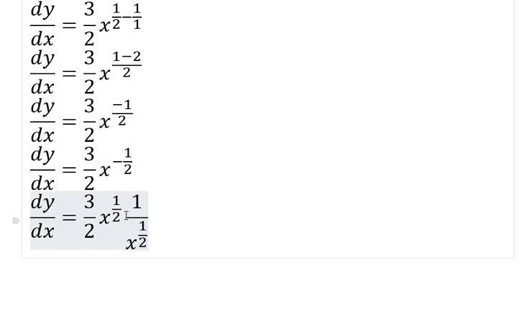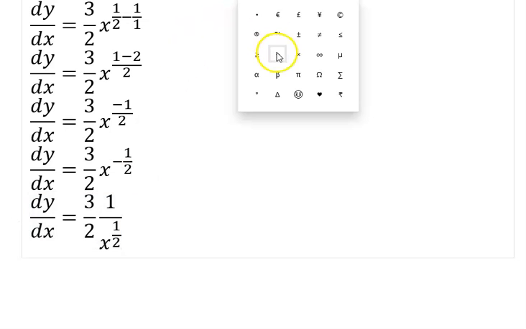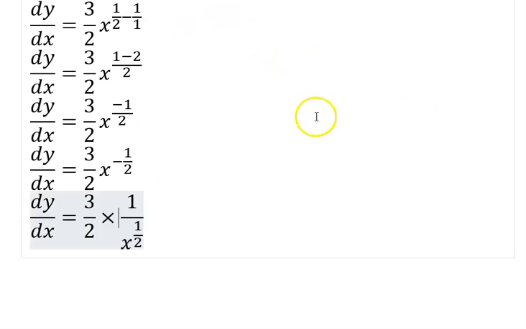You can put our multiplication sign here now. So you have 3 over 2, and this x raised to power minus half is still the same thing as 1 over x raised to power half. It is as simple as that. So you have this at the numerator, this at the denominator.